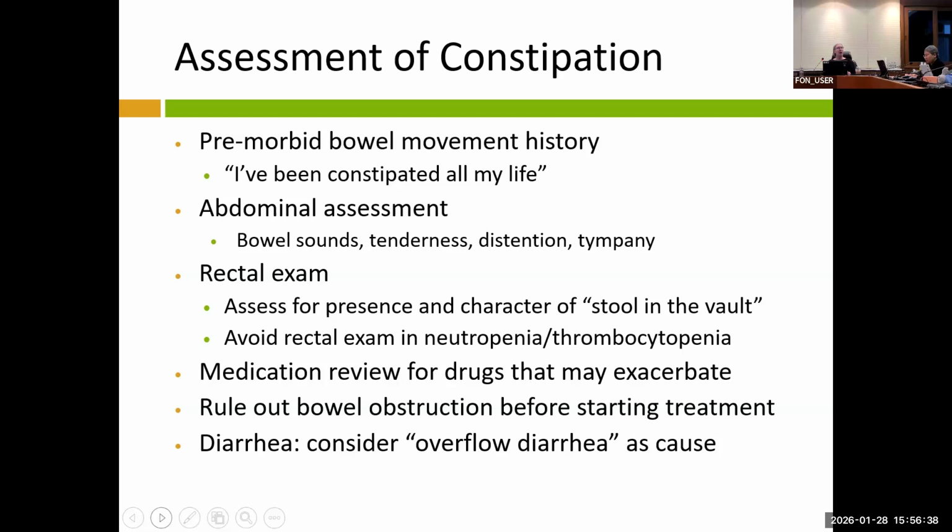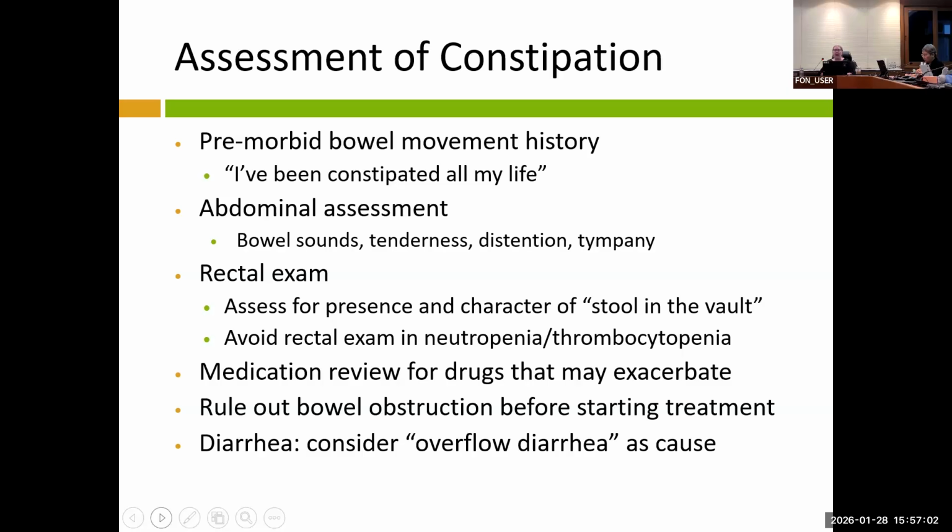What we're doing now, quite honestly, in my oncology clinic, is we're using handheld ultrasound. And we're doing that to just take a look for an obstruction, because then we don't have to send them for an x-ray.